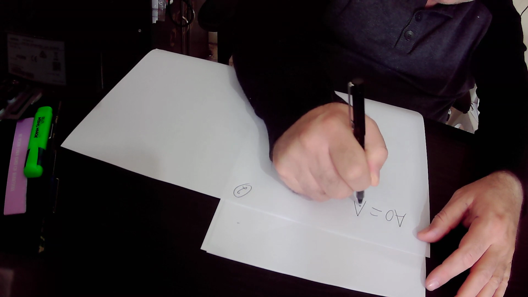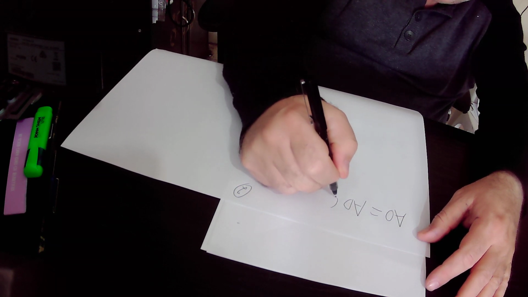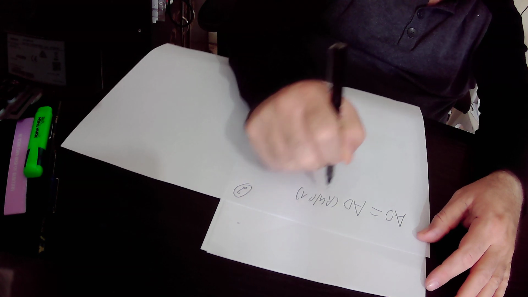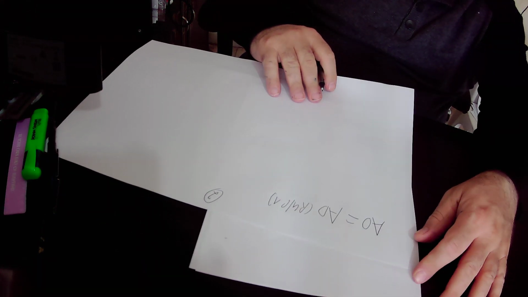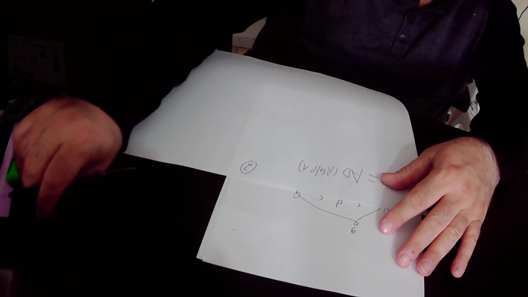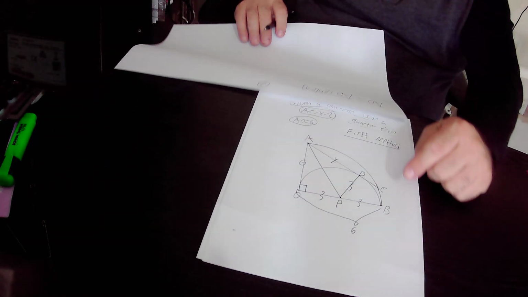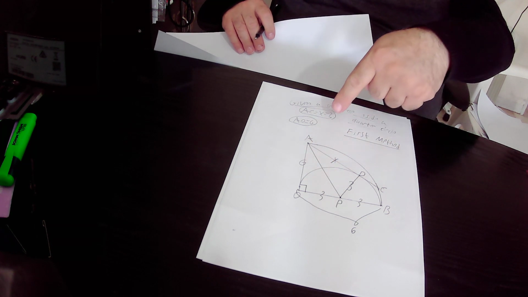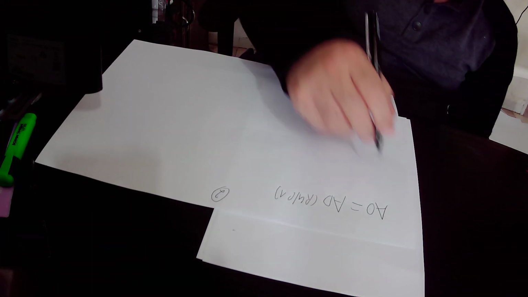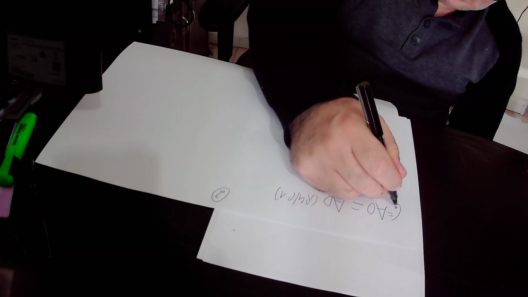AO equals AD according to rule number 1. But AO equals 6 units according to what is given in the question. Here AO equals 6 units.